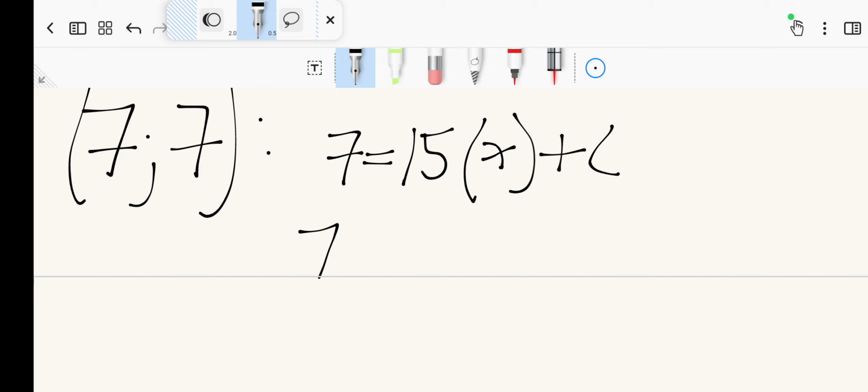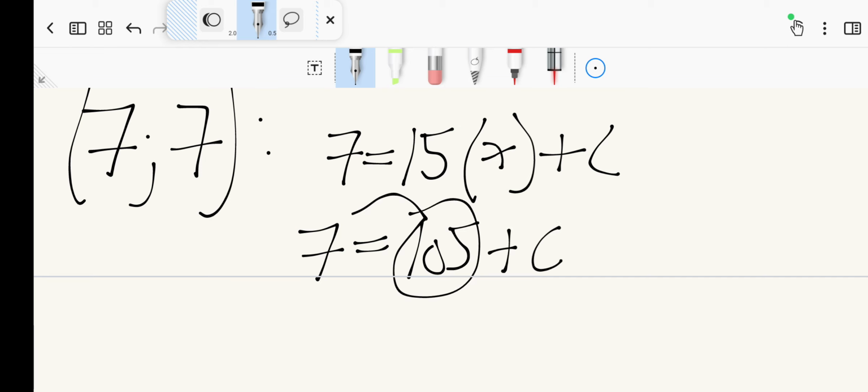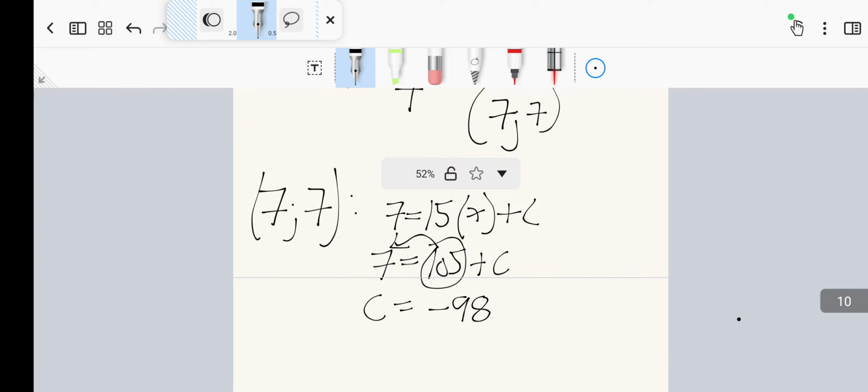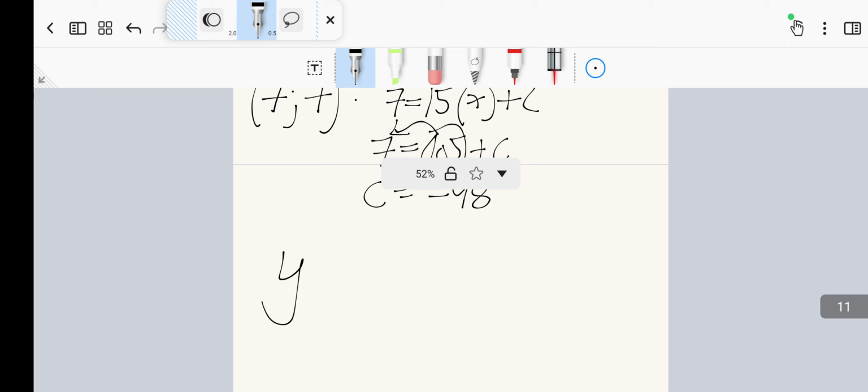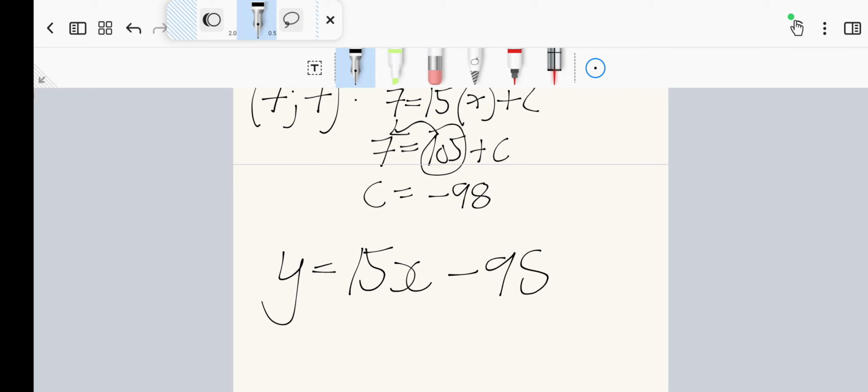So 7 equals 105 plus c. I need to subtract 105 on both sides. So c would be 7 minus 105, which is minus 98. So the equation of our tangent is y equals 15x minus 98. That is the equation of our tangent.